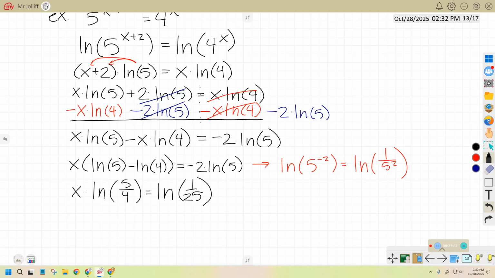I have x times the number. I want to get x by itself. How do I undo the multiplication? Divide. And I divide by the constant next to the x, which is ln of 5 over 4.